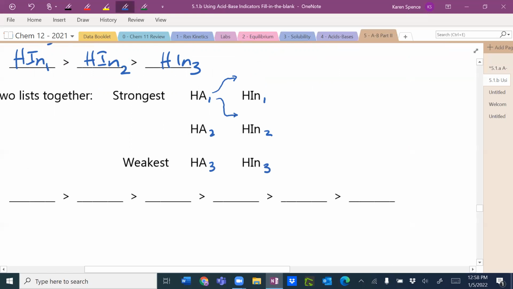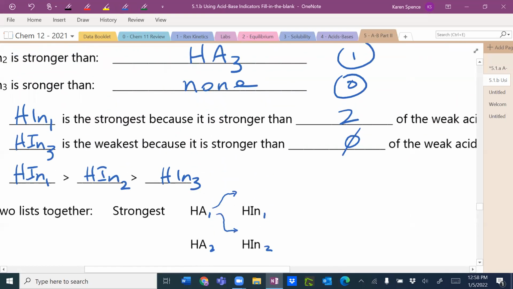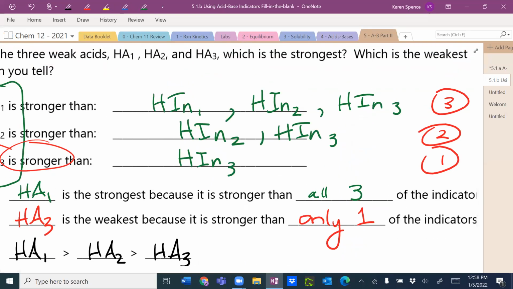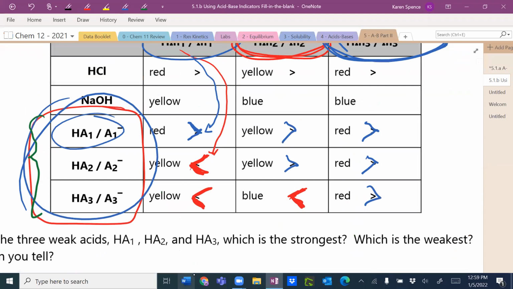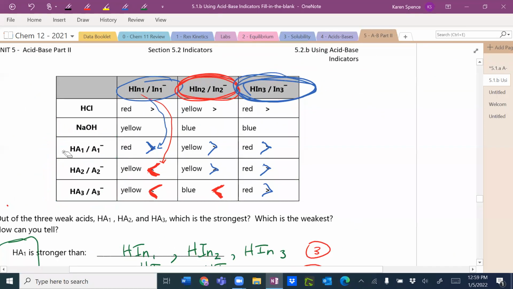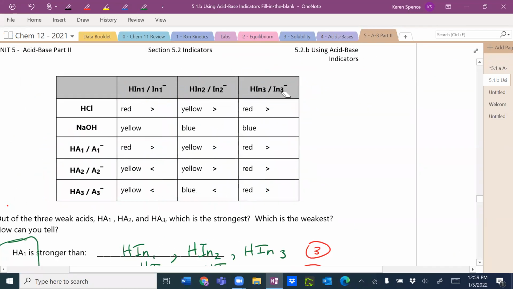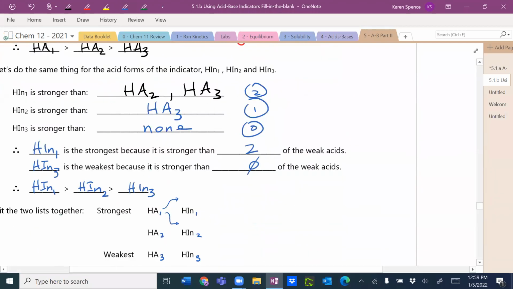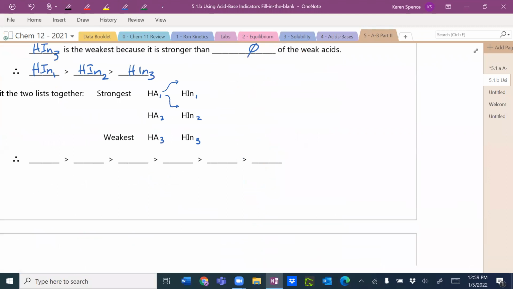Let's take a look at our chart and say, is HA1 above HIN1 or is it below HIN1? HA1 is stronger than HIN1, so it's going to slot in above.